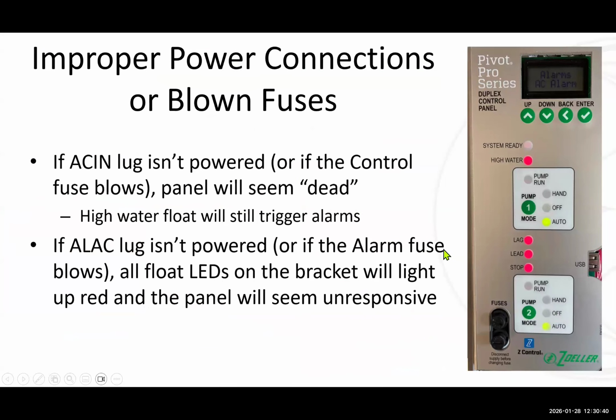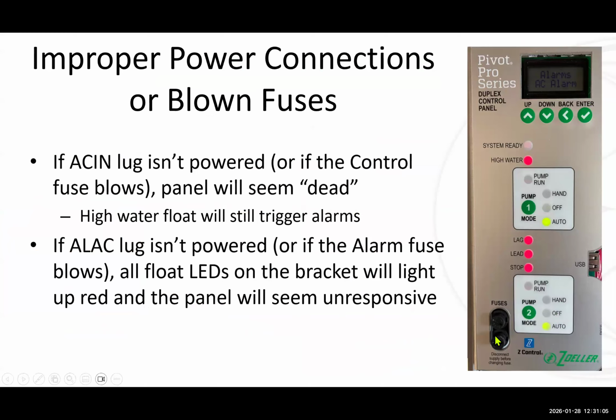So I mentioned if you don't have power on both the control as well as the alarm, then it's not going to behave. So this is one example. This little bracket is telling you up here alarms, AC alarm. Basically, in this scenario, either somebody didn't bring power into the alarm circuit, or there are two fuses down here.